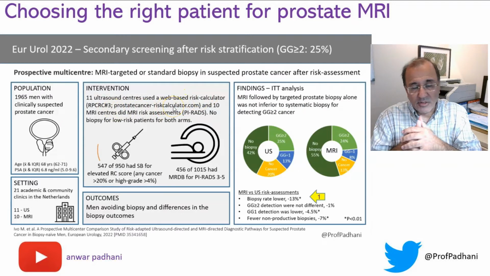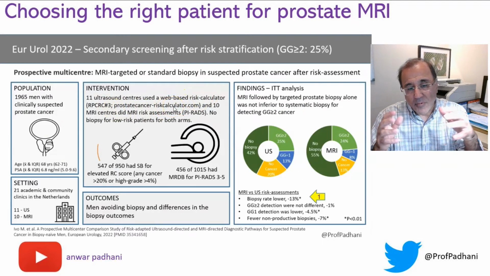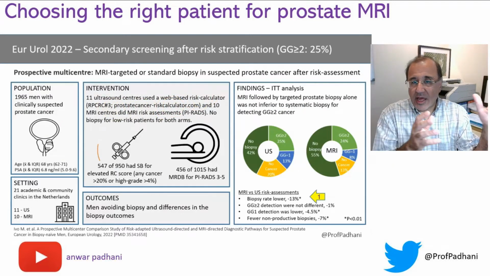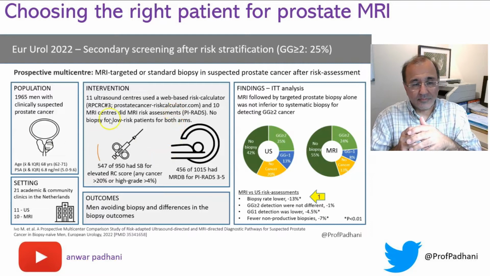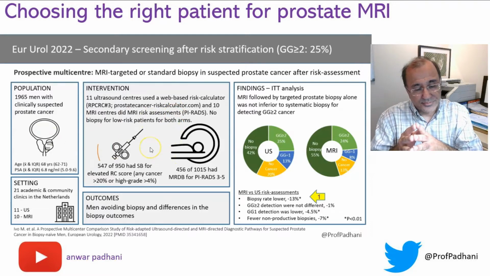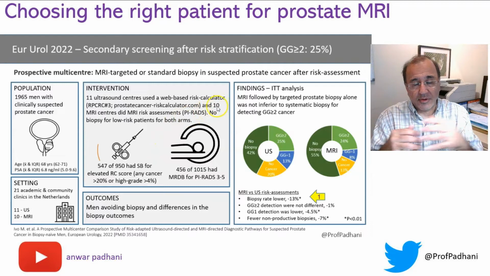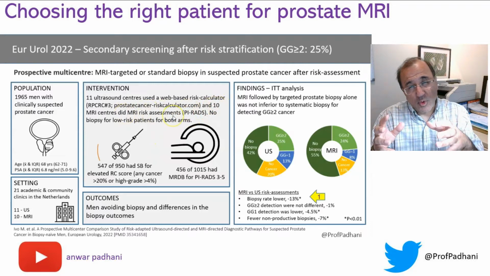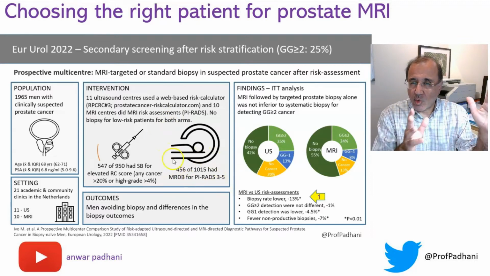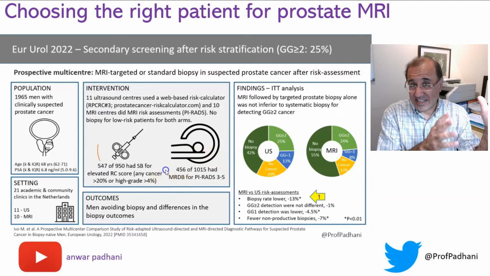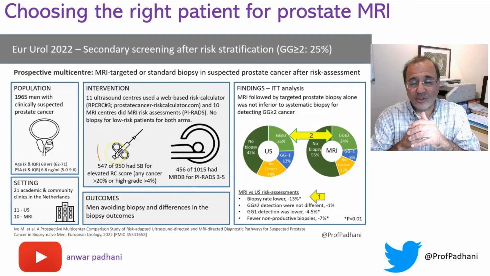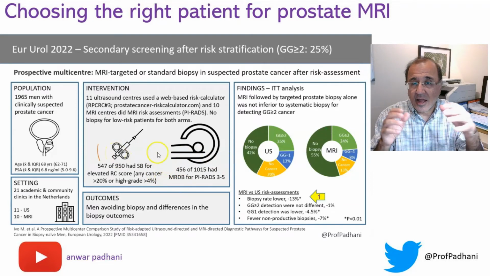And you can see the web address there, to assess the likelihood of a cancer. 10 centers used an MRI method. So people who had an MRI with a PIRADS 3 to 5 underwent a biopsy. People who underwent an ultrasound-based risk calculator using the Rotterdam Risk Calculator underwent a systematic biopsy.